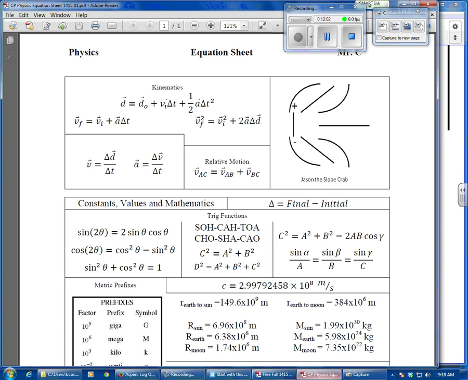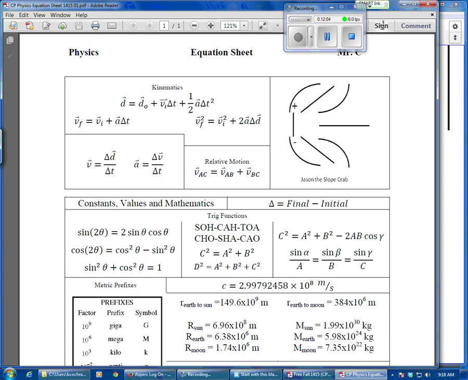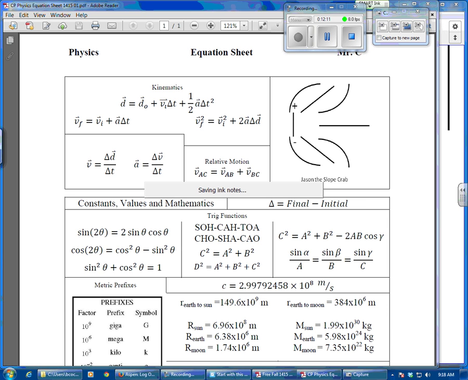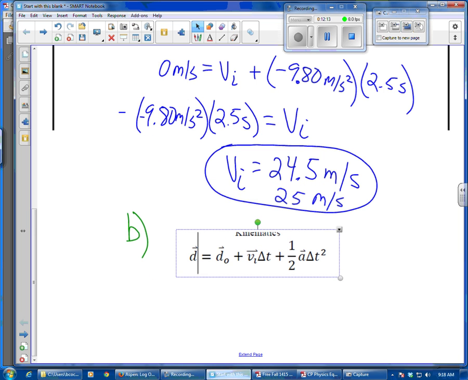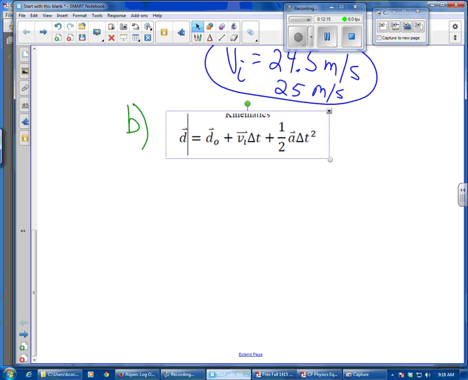Whenever it says getting someplace, that's the one I'm going to grab. I'm going to get to 16 meters.